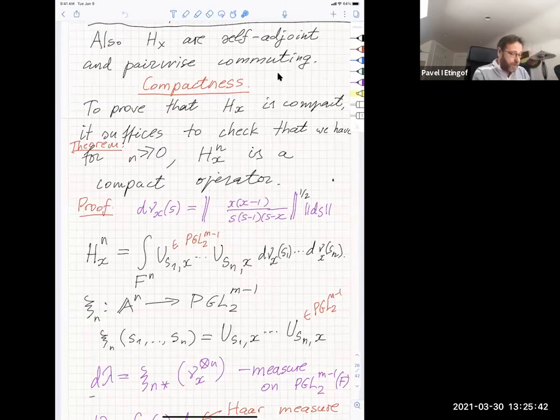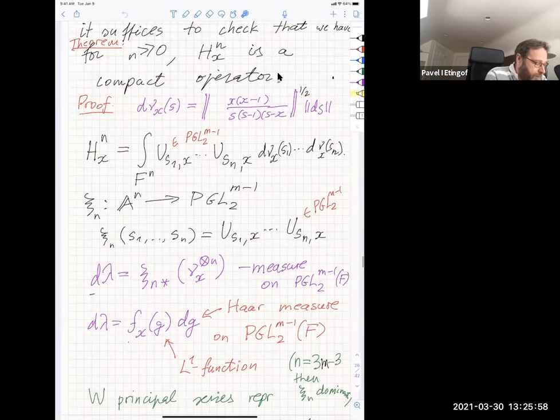Now, I'm integrating over F to the n, but I want to rewrite this as an integral over my group, PGL2 to the m-1. So I have my map, from affine space A^n to PGL2 to the m-1, and this map assigns to s1 through sn the product of those matrices u_{s1,x}, ..., u_{sn,x} in PGL2 to the m-1.